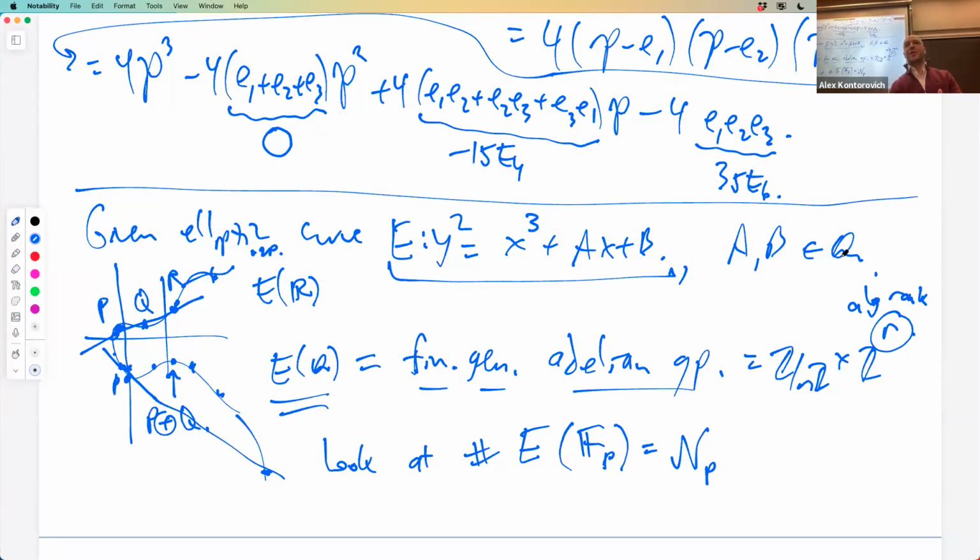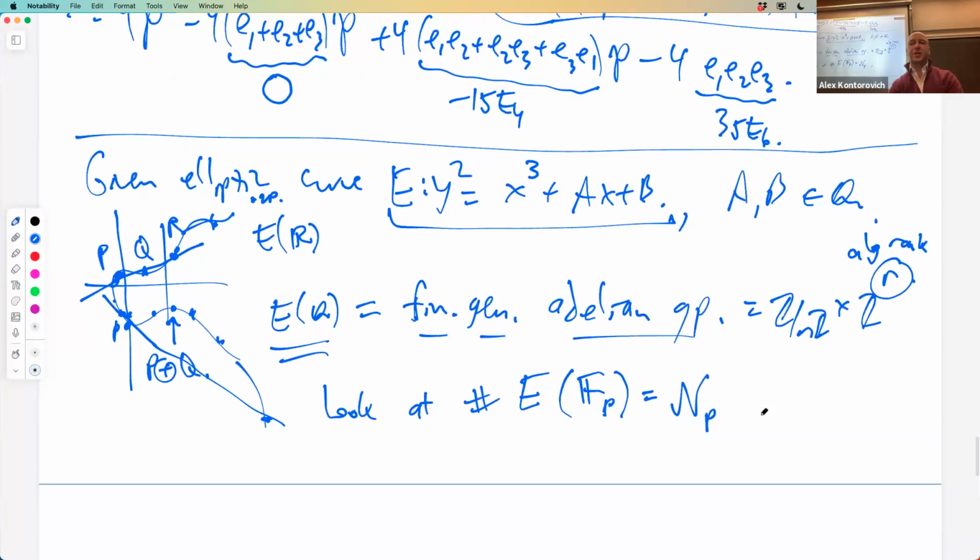As long as I stay away from the denominators, for P different than the denominators of A and B, let's think of A and B as being integers. I'm looking for solutions mod P to this equation. Let's think naively: as X ranges mod P, then X cubed actually also ranges mod P. And about half of those numbers will be squares, and half won't.